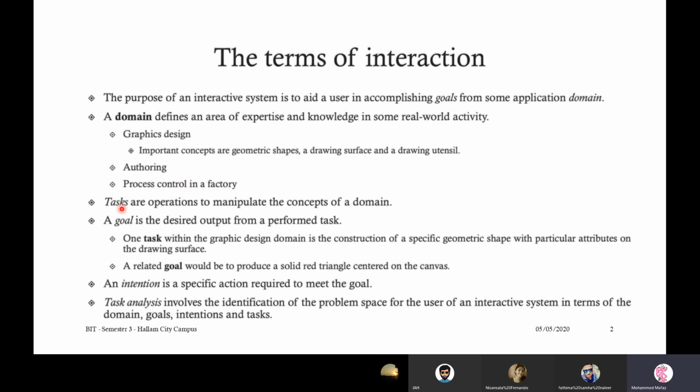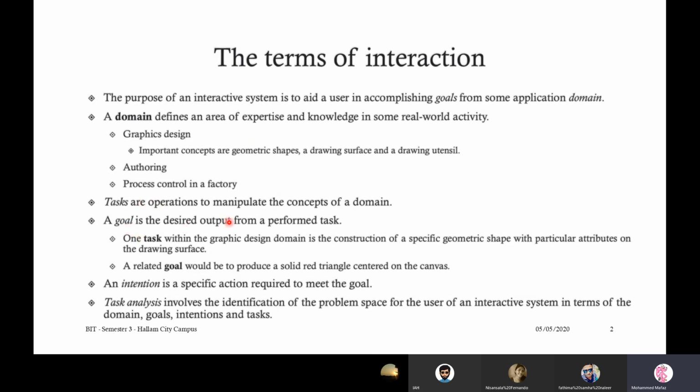So tasks that are related to those geometric shapes could be either drawing, resizing, maybe deleting, extending, whatever you want, maybe copy, paste. So all related to that particular concept in that domain. So like that, if you take each and every concept in a domain, you will have a set of tasks that you do. Then you come to goal.